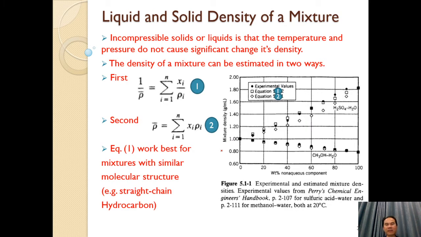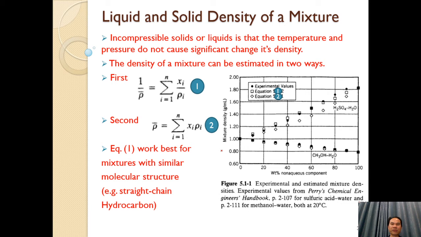For the first system, I will talk about the liquid and solid density of a mixture. For pure systems, I talked about them earlier in this class, but now only the mixture: how to calculate the density of a mixture of liquids or solids.